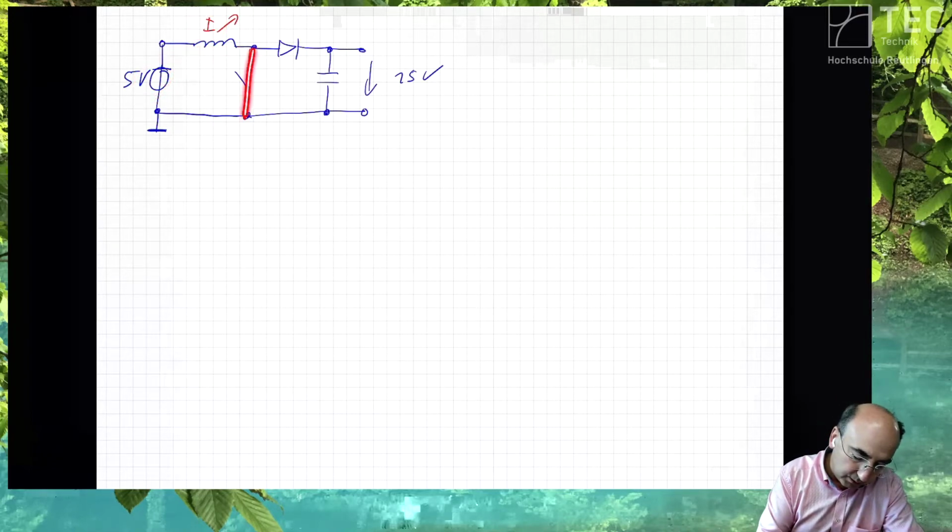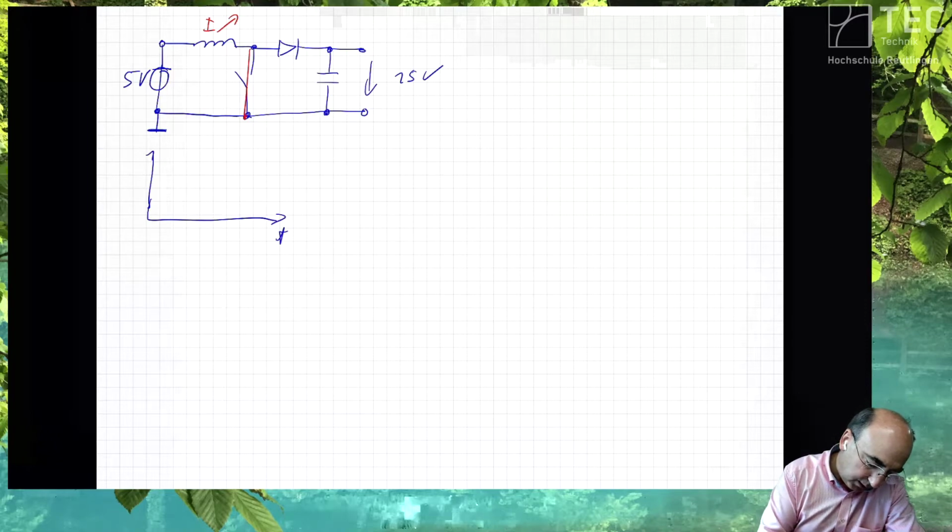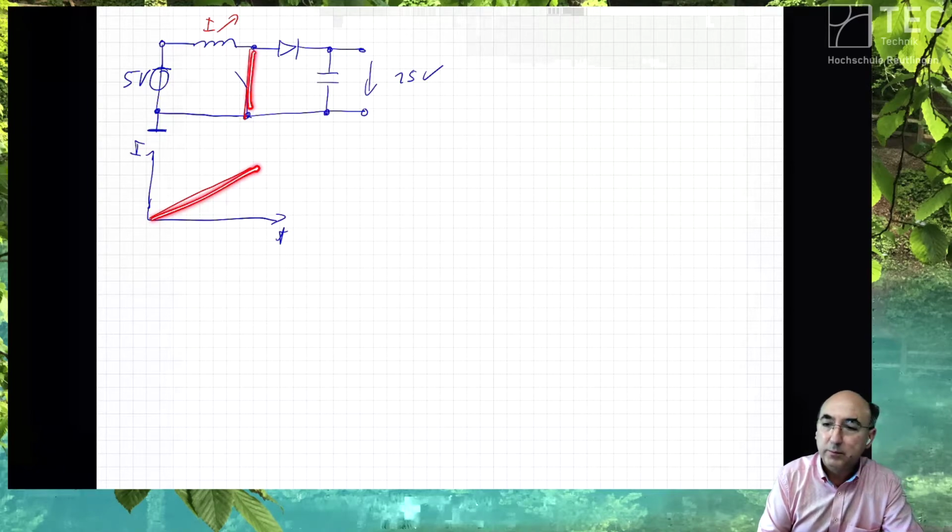As long as you switch on, the current increases. So in this diagram for T, the current value increases as long as your switch is switched on.